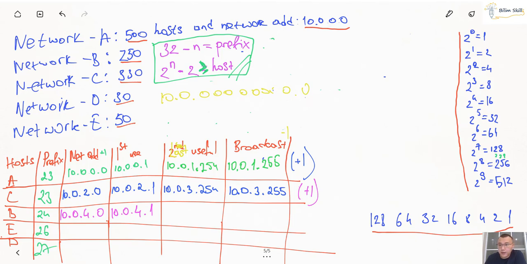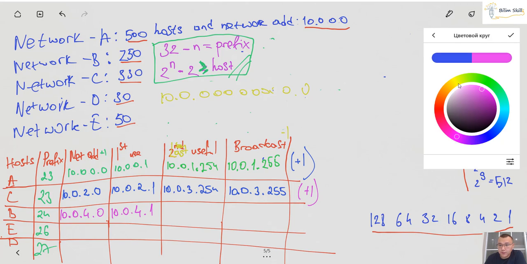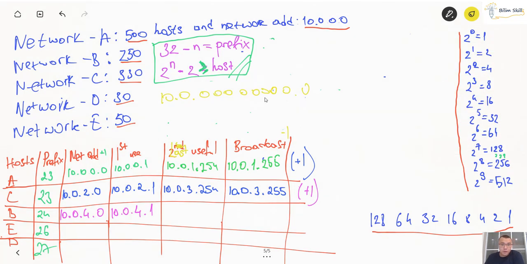To identify these addresses, broadcast and last useful, we have to find first the location of the prefix 24.